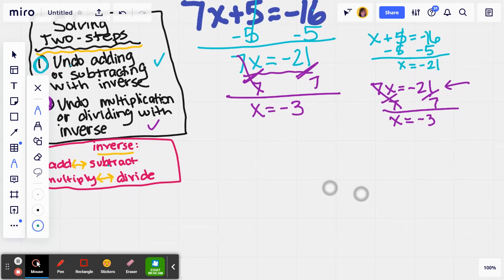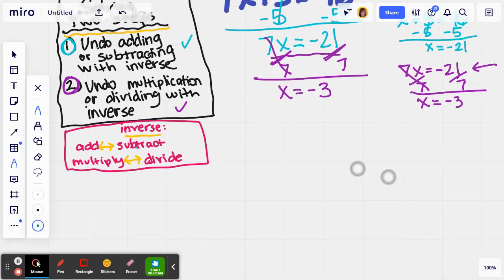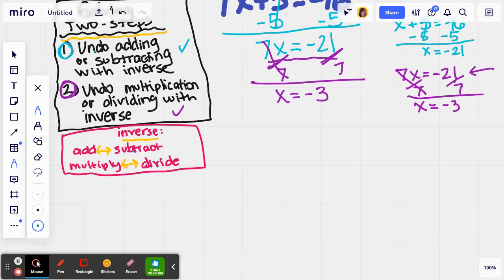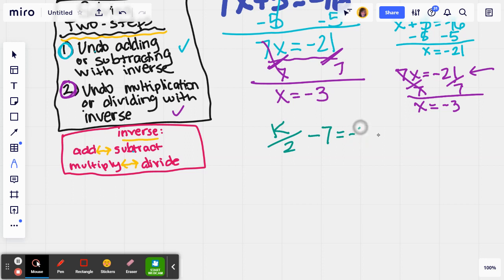Okay, so I'm going to move this all up. Hopefully you can still kind of see the steps there. And I am going to make a problem that says k over 2 minus 7 equals negative 2.